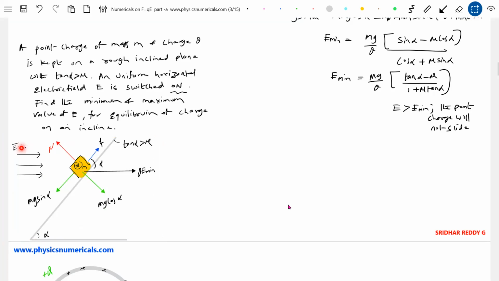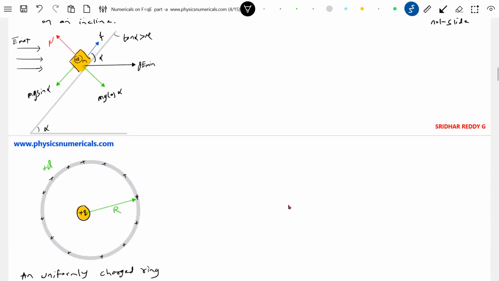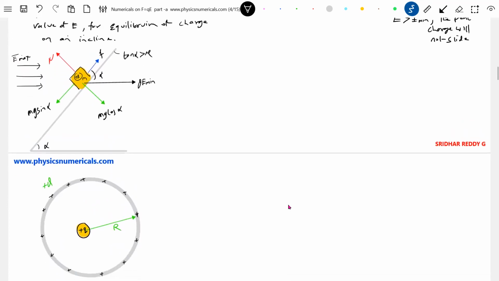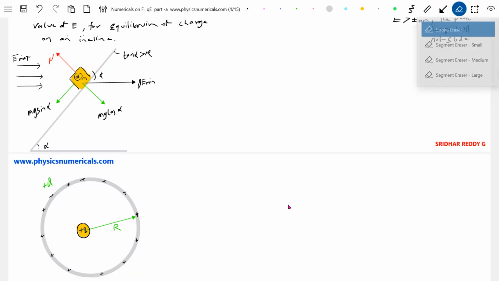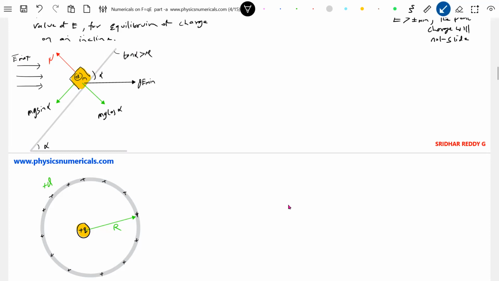Now when it is E max, we are discussing the second situation, E max. For E max, the friction will act down the incline. All the conditions, so this will be E max, you write it.